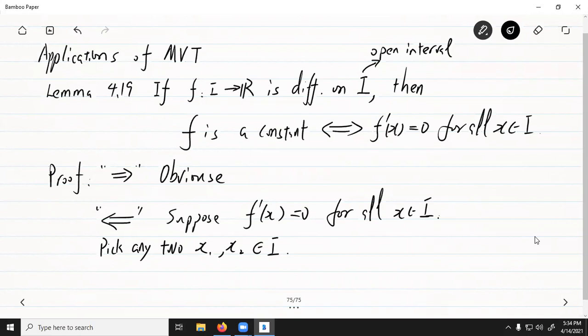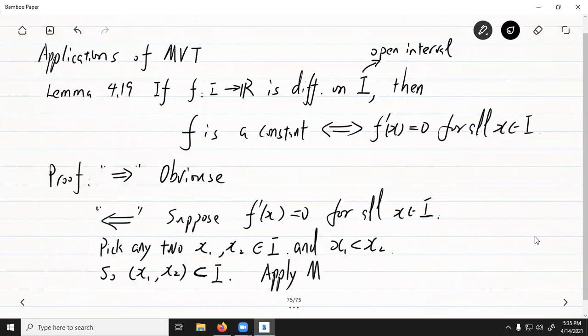Because since they are arbitrary two points that are equal, everything is equal on the whole interval, right? Of course, we can assume that x1 is less than x2. This is without loss of generality. So since these two points are in I, which is an interval, the interval from x1 to x2 is inside this one.